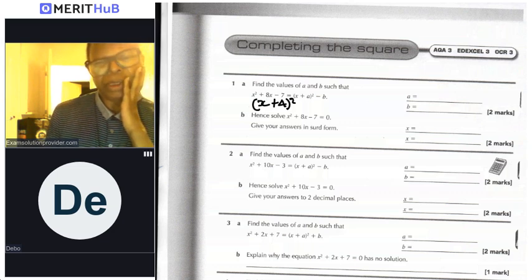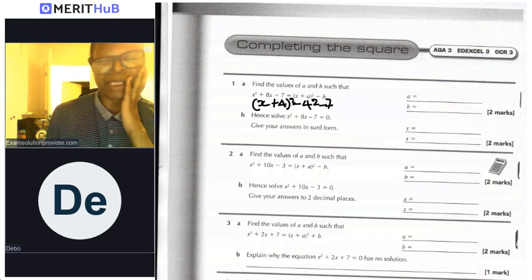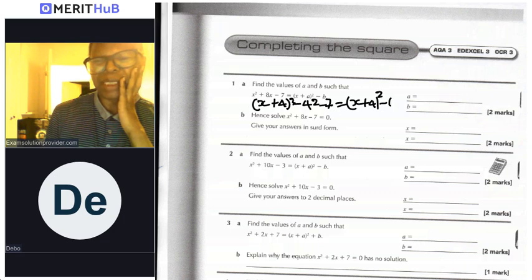Now you have added the 4 squared, so we need to take away 16. We need to have minus 4 squared minus 7, where 7 is what was already there. So we have x plus 4 brackets squared, then you need to show that this is minus 16 minus 7.